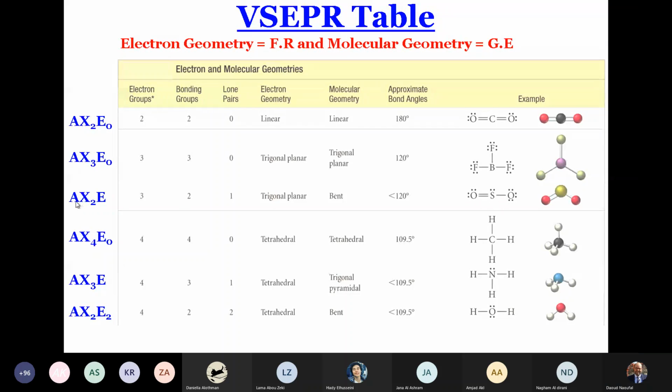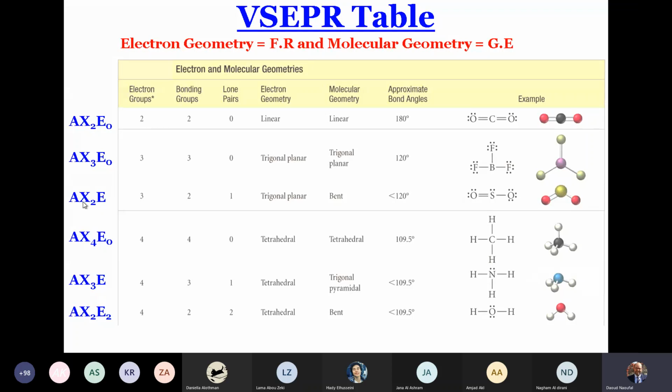The EP is equal to 3. In this EP, we have 2 bonding pairs, so BP equal 2, and 1 non-bonding pair, so NBP equal 1.